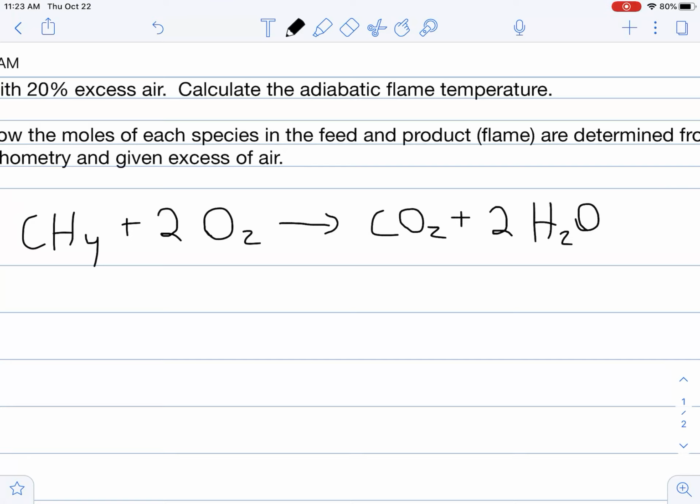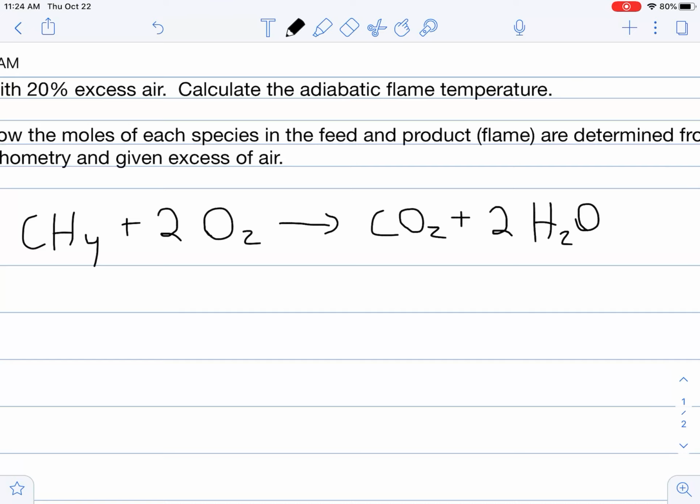Just like that. So with this balanced reaction equation, we have the same number of each atom on the reactant side and the same number of each atom on the product side. Now this is the first step to this equation. The next step, we say we're not reacting this equation with just oxygen, we have air, it's not pure oxygen.